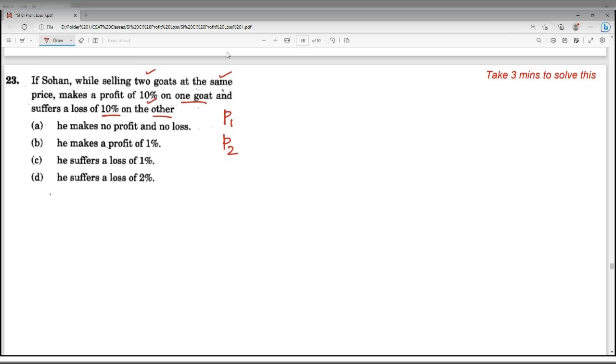He's selling at 10% gain, which means 1 plus 10 by 100 into P1, so this is the selling price of the first. This is equal to 1.1 P1.